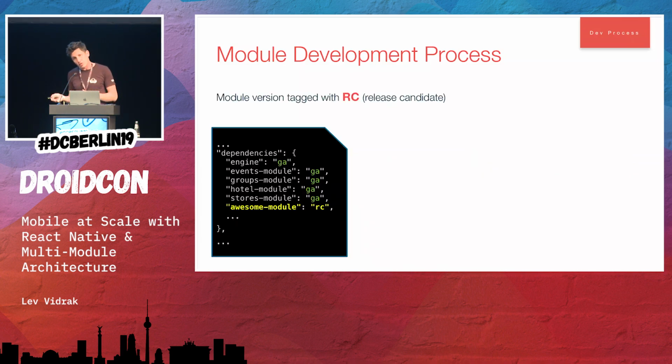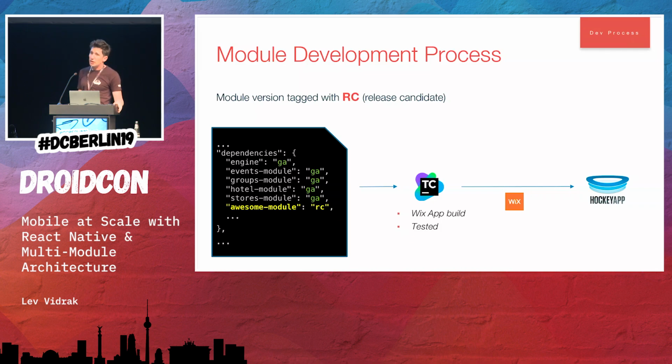After, when the developer thinks that he coded enough and his feature is ready and he wants to see how his feature acts as part of the whole application, he will tag the latest version, the version that he thinks is a release candidate, as RC, release candidate, and this will trigger a compilation of the whole application with all the rest of the models when they are tagged as GA, in the stable version.